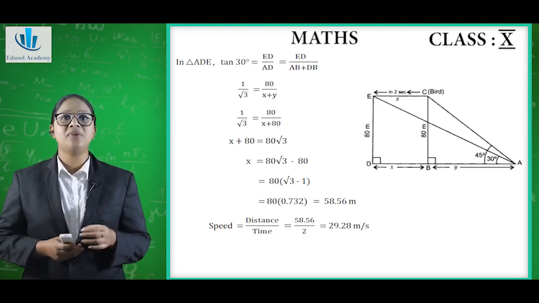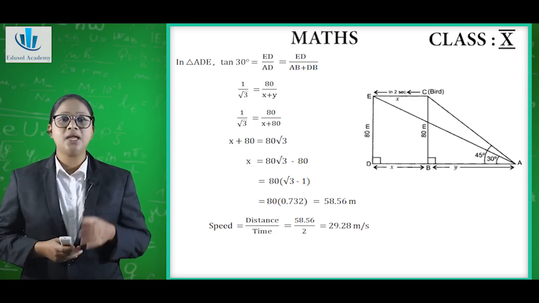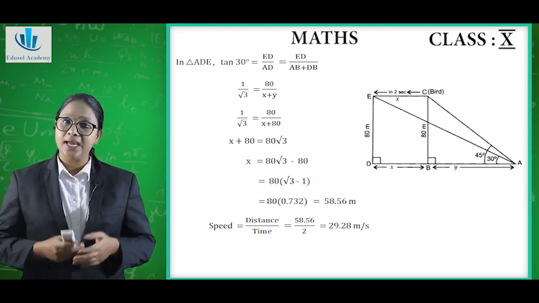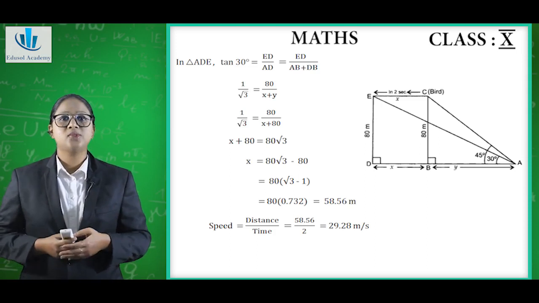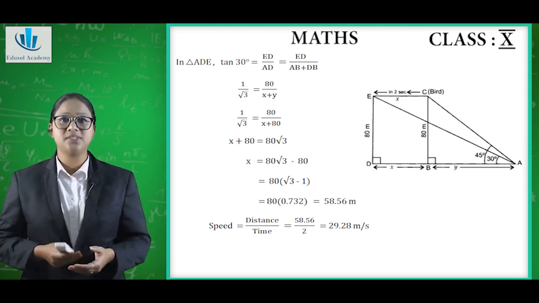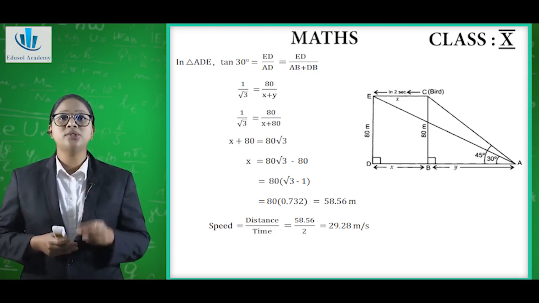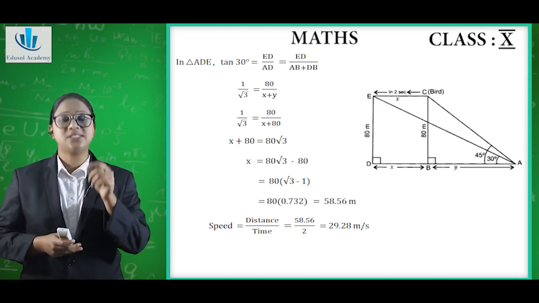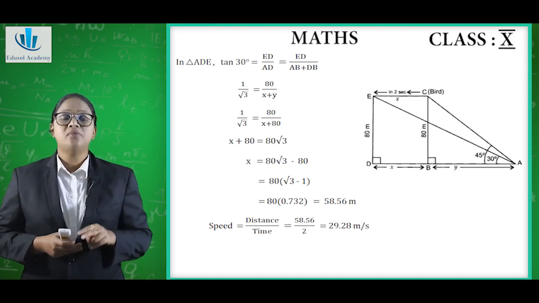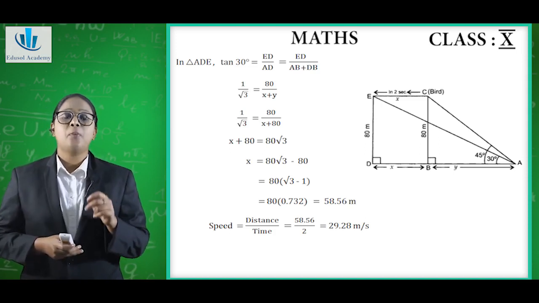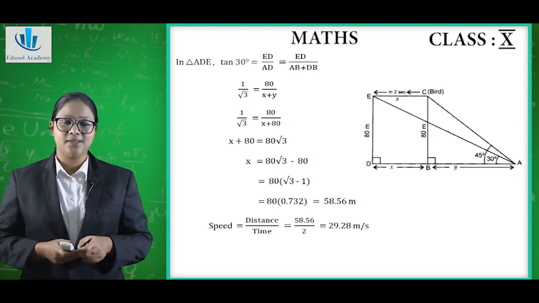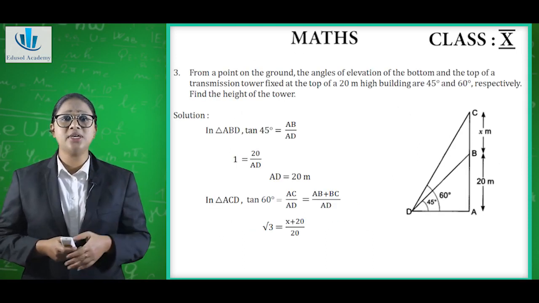So that's what we have to find. Now the speed is equal to distance by time, the rule of physics. So distance is 58.56 in that gap of 2 seconds. So time is 2. So 58.56 divided by 2 will give you 29.28 meter per second. Moving on to the next question.